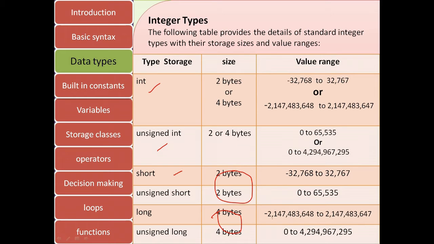Its range varies from minus 2,147,483,648 to 2,147,483,647. And for unsigned long, the range is 0 to 4,294,967,295.